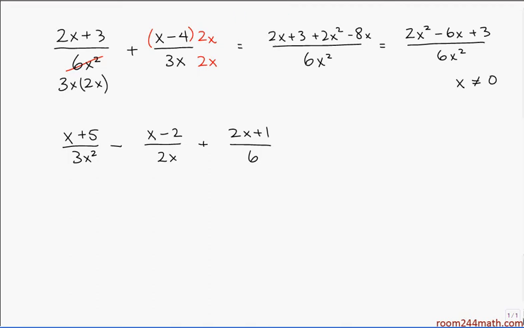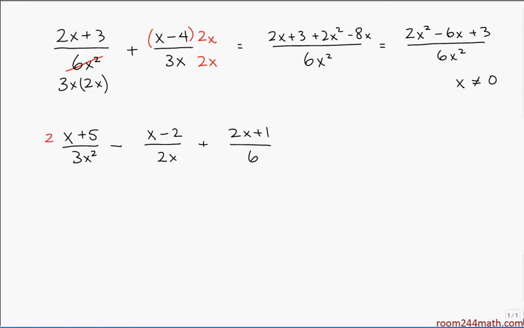All right, so we have to find a denominator that's common to all 3. And there are no common factors to all 3. The third denominator doesn't have any x's. And we can't identify any common factor to all 3.